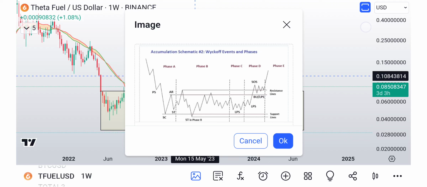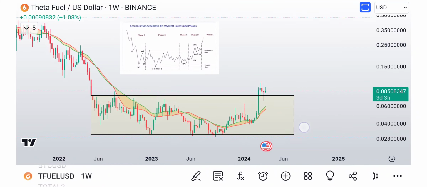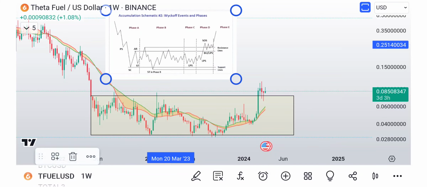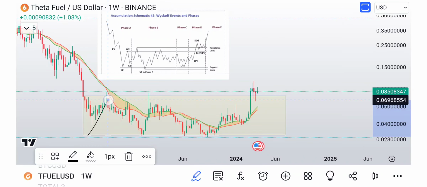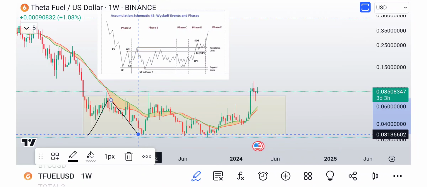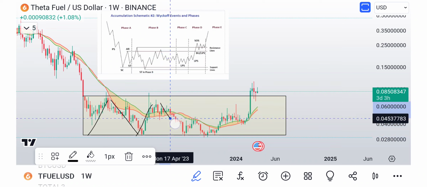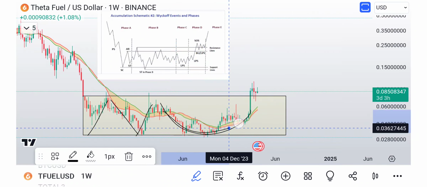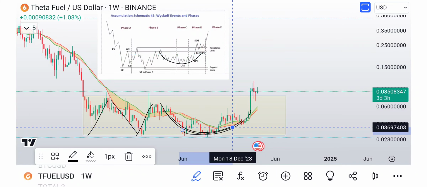So for now, really long story short, we look at it like this schematic 2 of Wyckoff accumulation. And essentially, we're basically at phase D, right? So you have this in phase A, this down in phase B, come back up, come all the way down and make this sort of rounded bottom. Same thing in here into phase C, right?